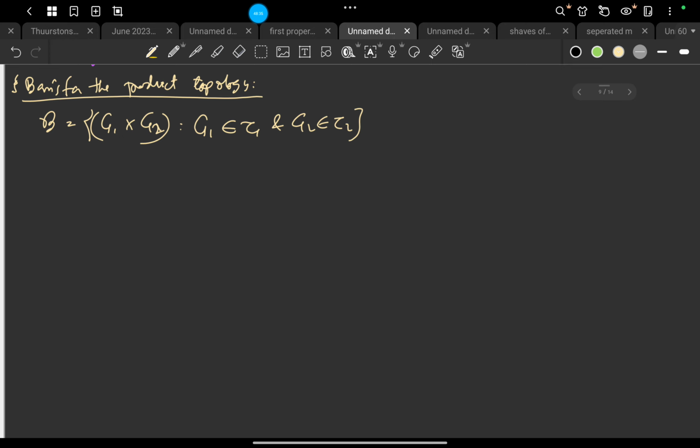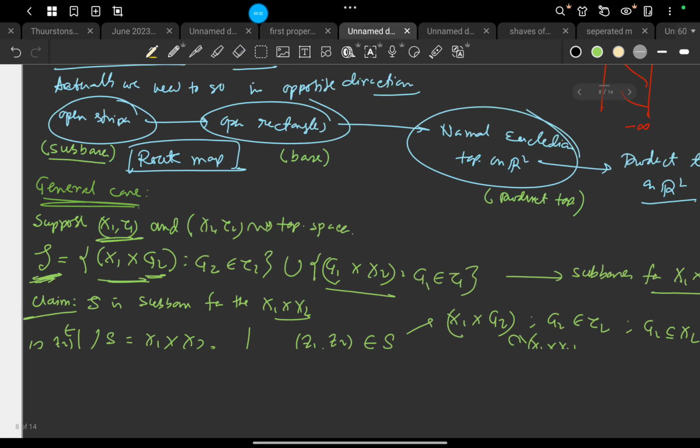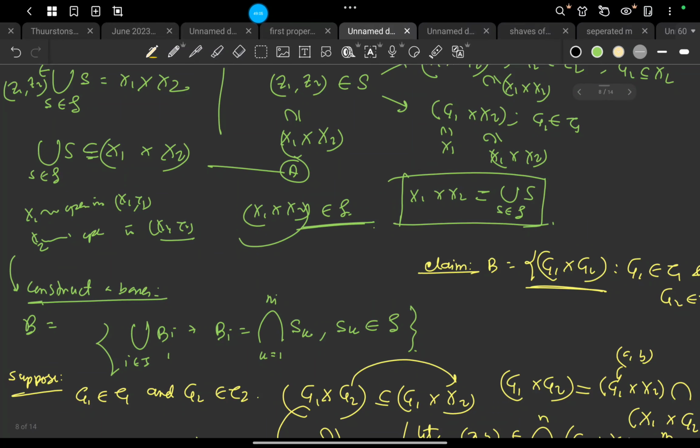Now from this one can construct the product topology. Okay, so the topology tau, let's say, is generated by this basis, meaning it is an arbitrary union of Bi, i belonging to capital I. I'm sorry, I forgot to mention, I just erased a small mistake.